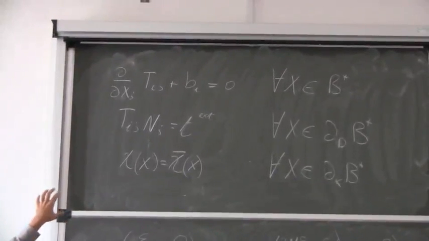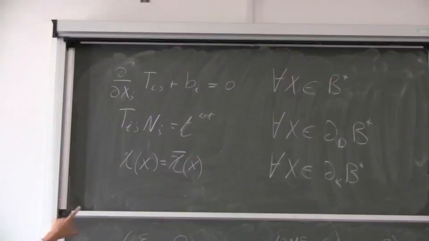I mean, that partial differential equation is satisfied if B is 0, because T is constant, so the derivative of T is 0, and so B is 0. But what about the external force?